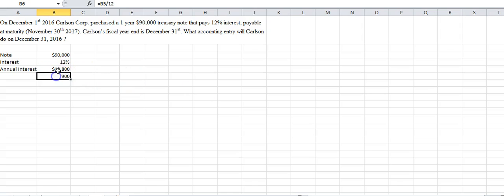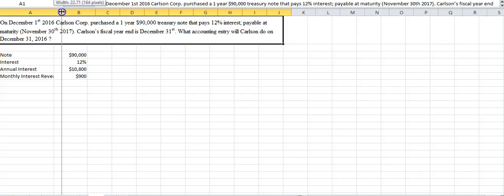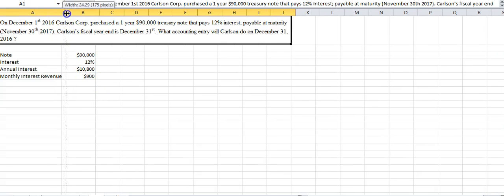So every month you're going to accrue $900 in interest that you've earned, right? We'll call this monthly interest revenue.